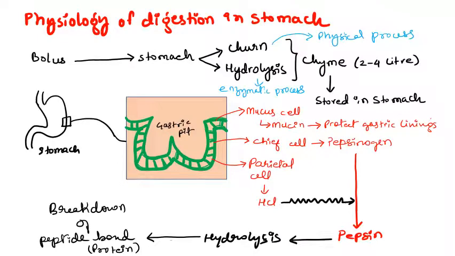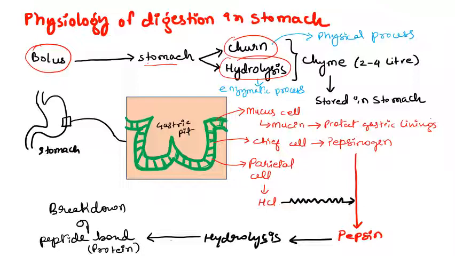Now we come to the physiology of digestion in the stomach. Bolus, as you already know, is a mixture of saliva, enzymes and food particles. When it enters the stomach, two processes happen: mechanical and chemical digestion. Mechanical digestion happens with the help of the churning process, and chemical digestion happens with the help of hydrolysis by hydrolytic enzymes.